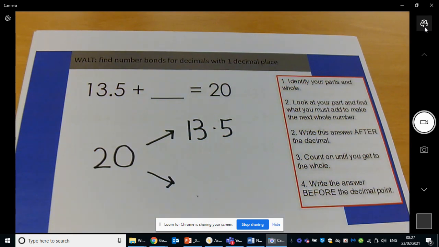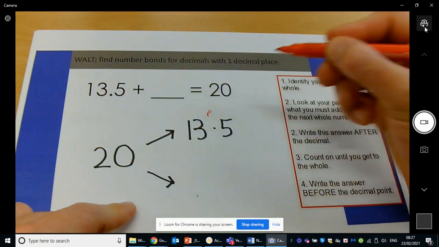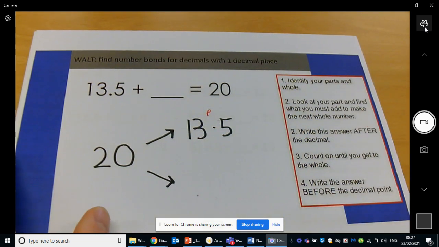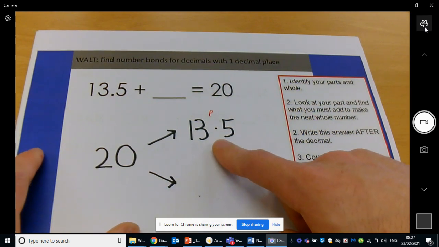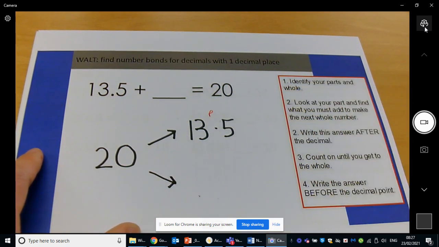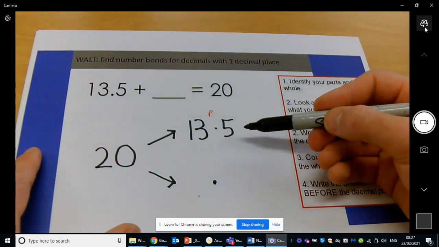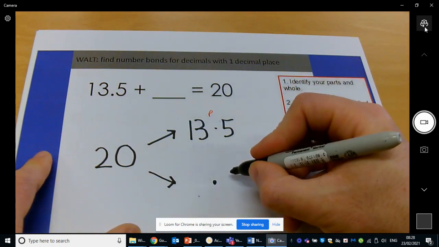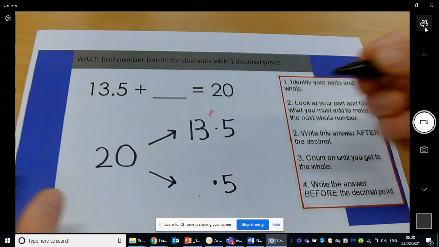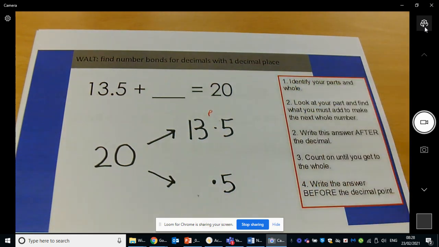Right, so let's have a look and see how you got on. So the first thing we need to do, look at the part, which is 13.5, and find what we need to add to make the next whole number. Well, I know that the next whole number after 13.5 is going to be 14. And that in order to get there, our number bond 5 and 5 are going to make a whole and get us to 14.